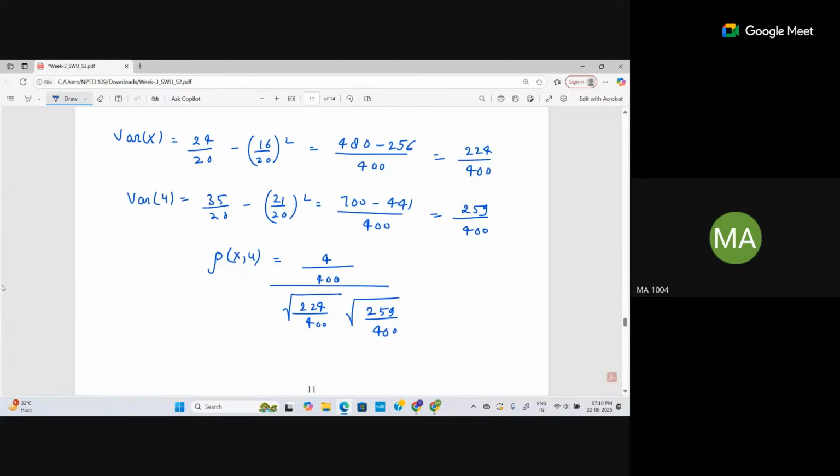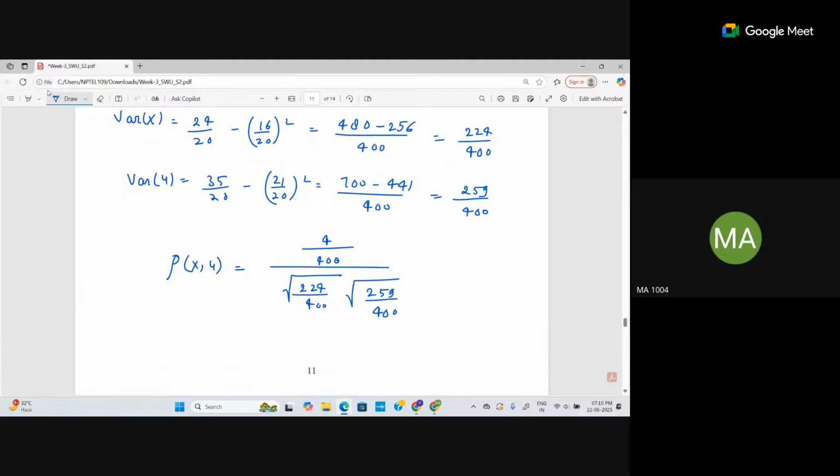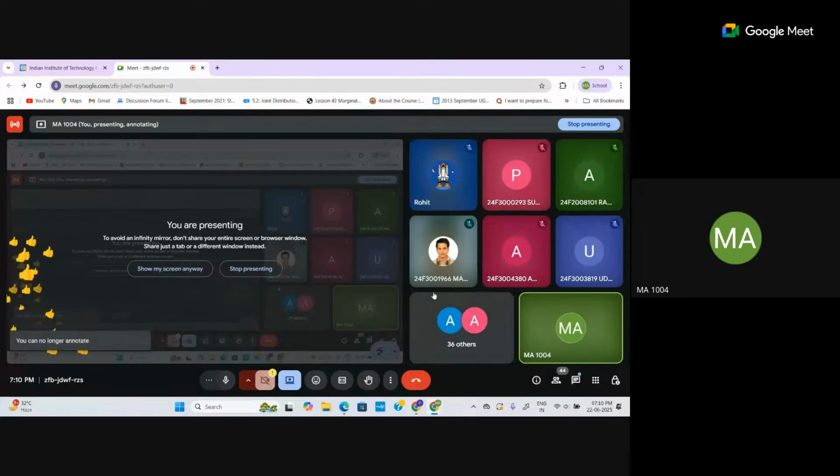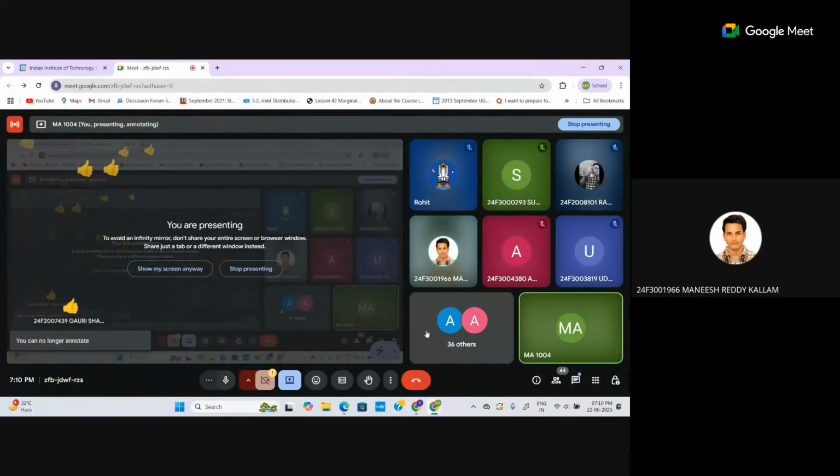So these 400 in the denominator will be cancelled out, and when you solve it, this is coming out to be 0.016 something. Okay. So your correlation value is 0.016. Is it clear to everyone? Anyone has any doubt? No, ma'am.